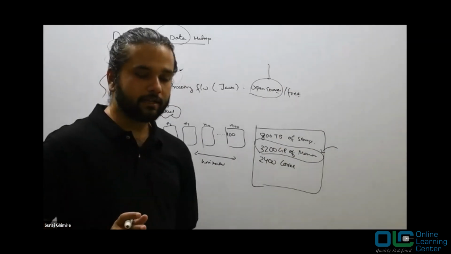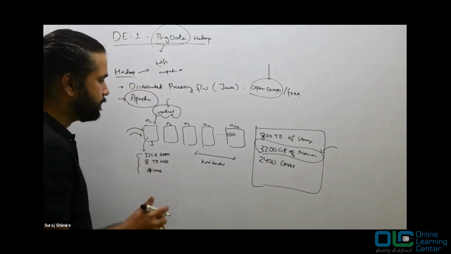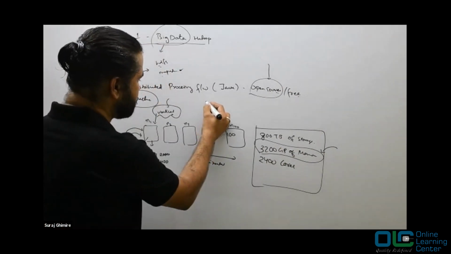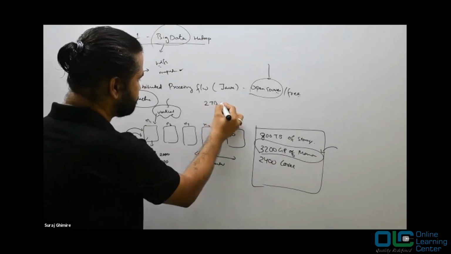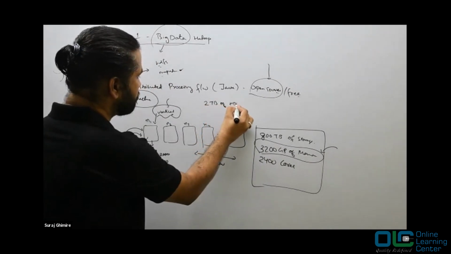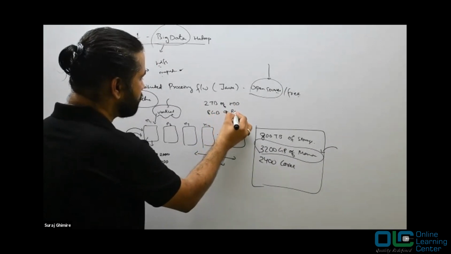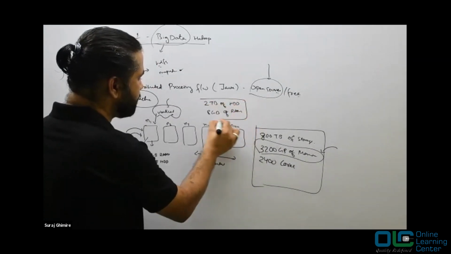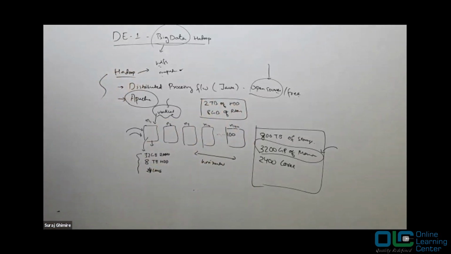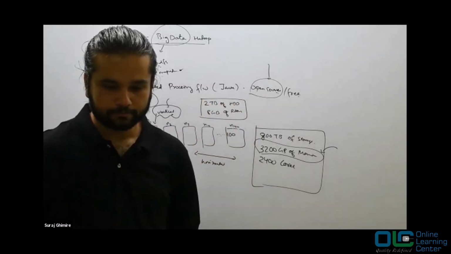Do you agree with me that today, let's say, 2 TB of hard disk and 8 GB of RAM will cost you around 4 to 5 thousand rupees, Indian currency?